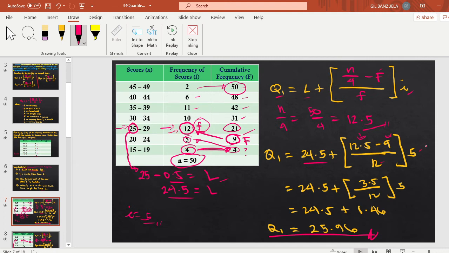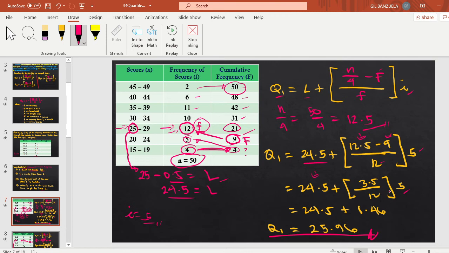And the class interval 5. Then we simply bring down 24.5, then plus, simplifying the numerator, 12.5 minus 9, that is 3.5, all over 12 times the class interval 5.